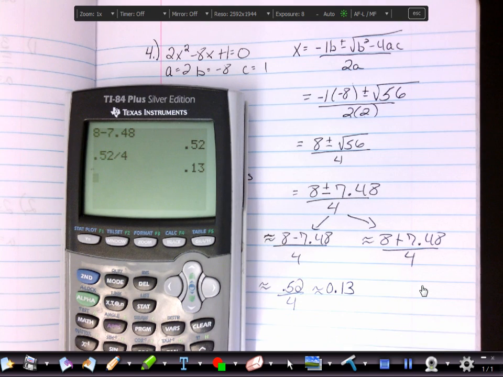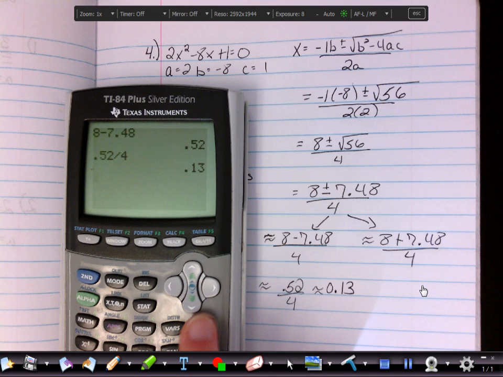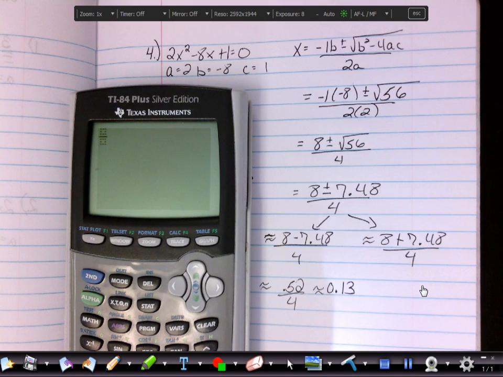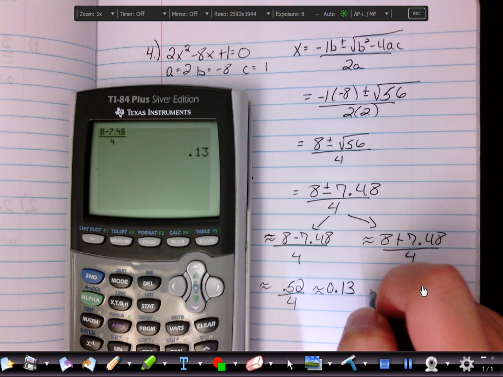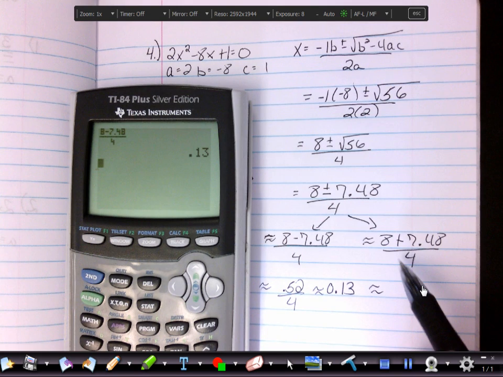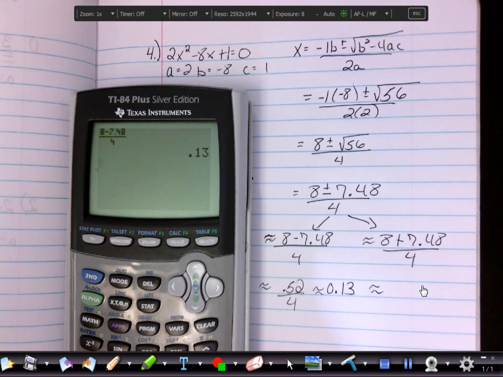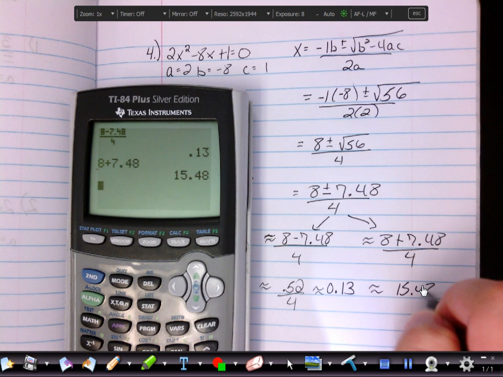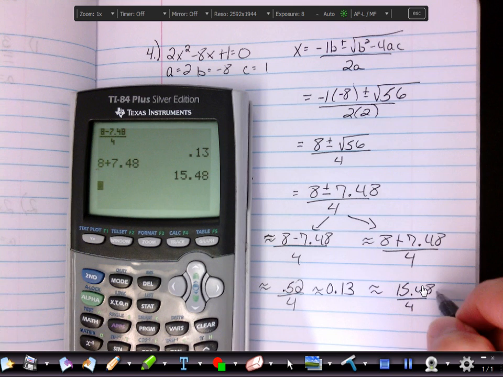Or you could have plugged all that into your calculator at one time, and you could have said 8 minus 7.48 over 4, and got that it was 0.13. It depends on how many steps you want to use there. Now I'm going to do this one. So I'm going to say 8 plus 7.48, and that gives me 15.48 divided by 4.